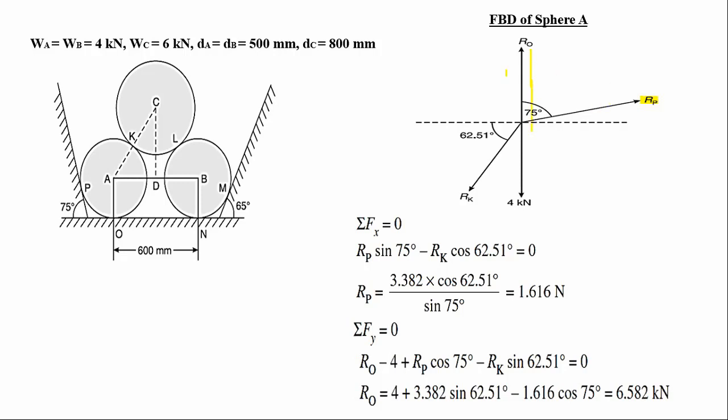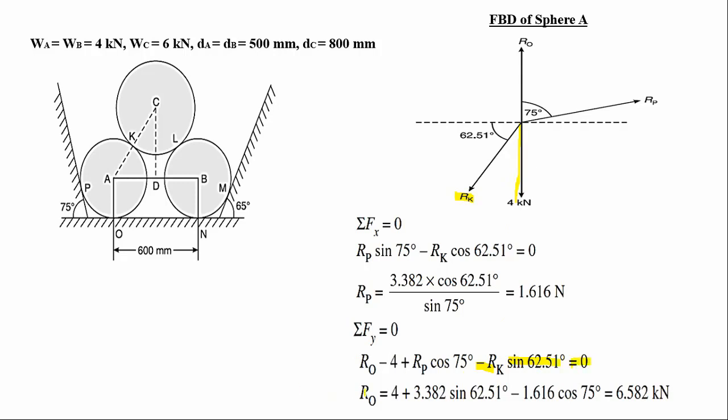It is moving upwards, therefore plus. Along the angle we are resolving, therefore it is cos, so RP cos of 75 degrees. Next we resolve RK along the y direction. It is going to move downwards, therefore minus RK. We are resolving away from the angle, that is sine, so sine of 62.51 degrees, that has to be equated to 0.